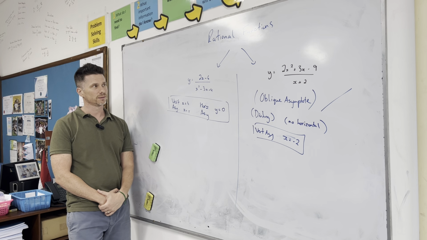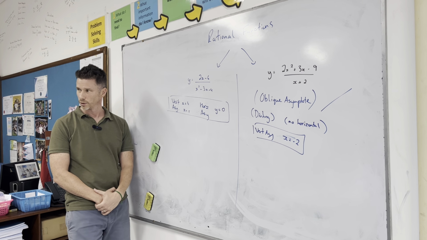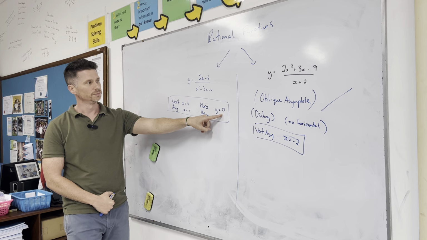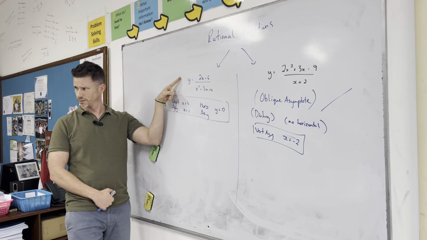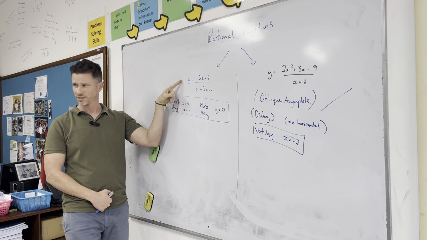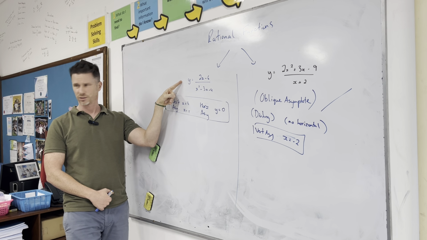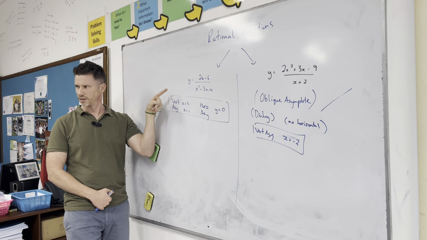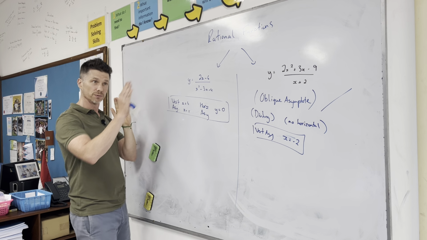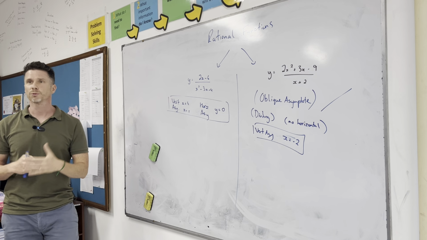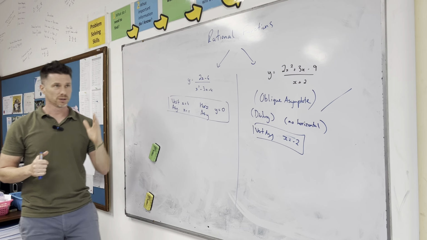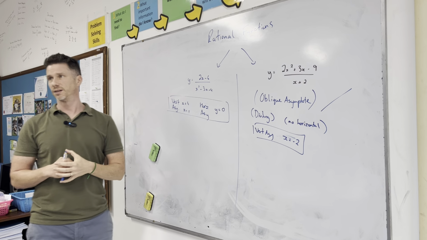So when y is 0, we let this equal to 0, multiply this over, and you get 2x minus 6 is equal to 0, so x is 3. So it does cross it at some stage, but as it goes towards infinity in both directions, it's just getting close to 0. That's what an asymptote is. It's allowed to cross, but we're talking about it going to infinity.